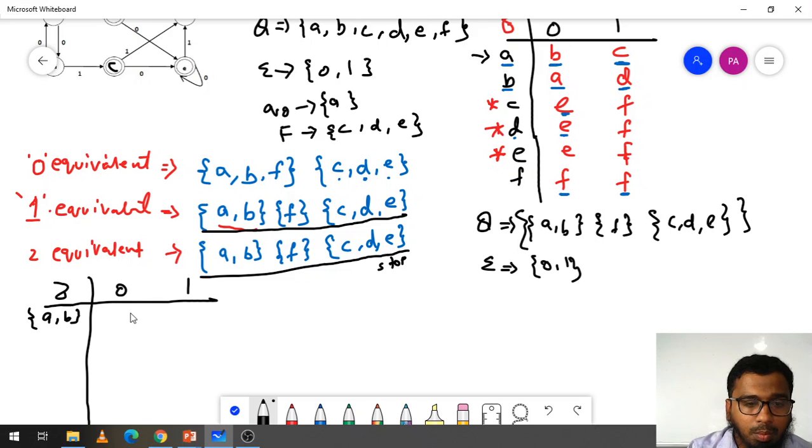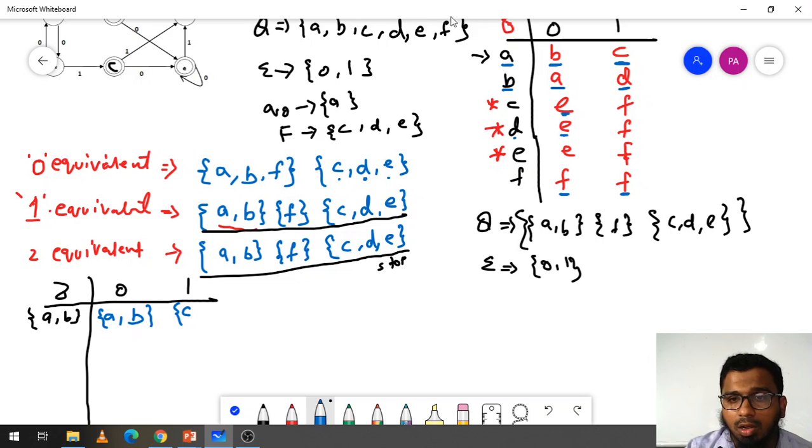We are getting B. B on 0, we are getting A, B. Next, A on 1, we are getting C. B on 1, we are getting D.